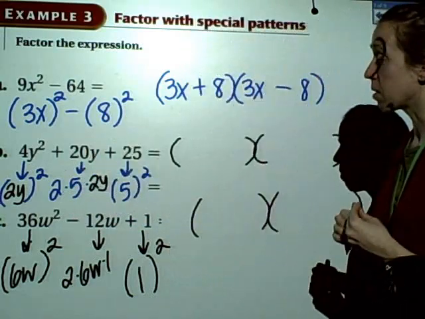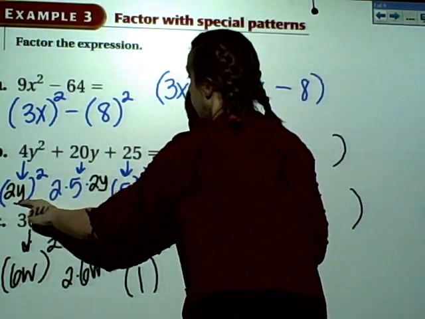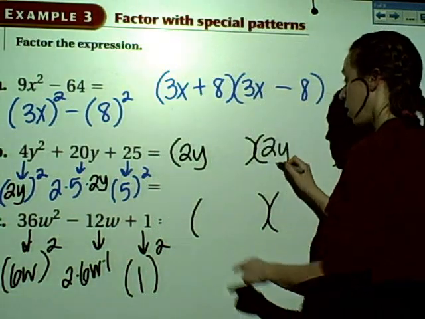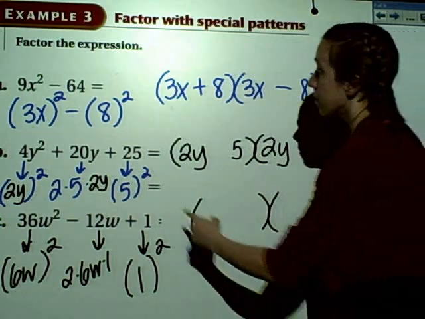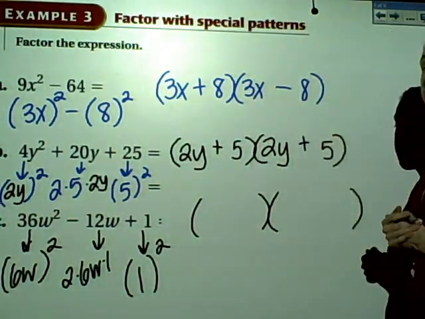So this is a perfect square pattern. So again, to factor it, I'm going to take whatever I'm squaring in the first spot, whatever I'm squaring in the last spot, and this is a plus plus, so my signs stay as plus plus.